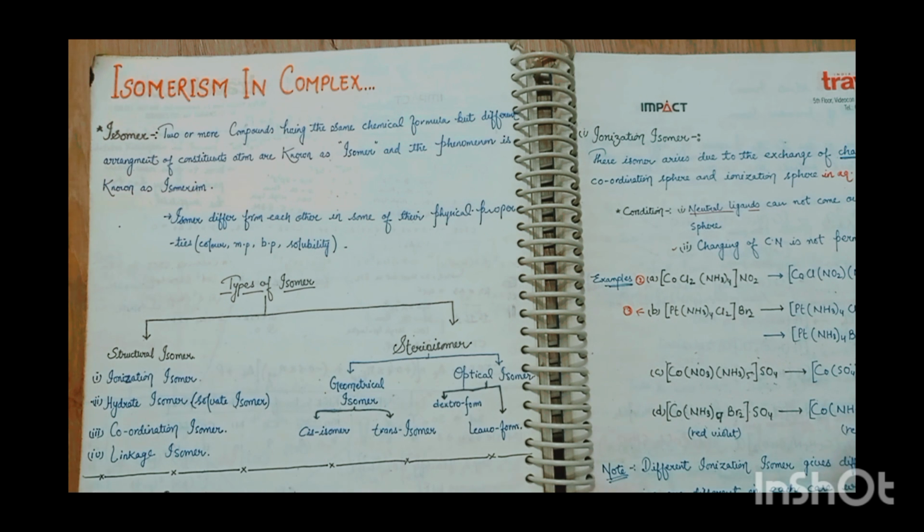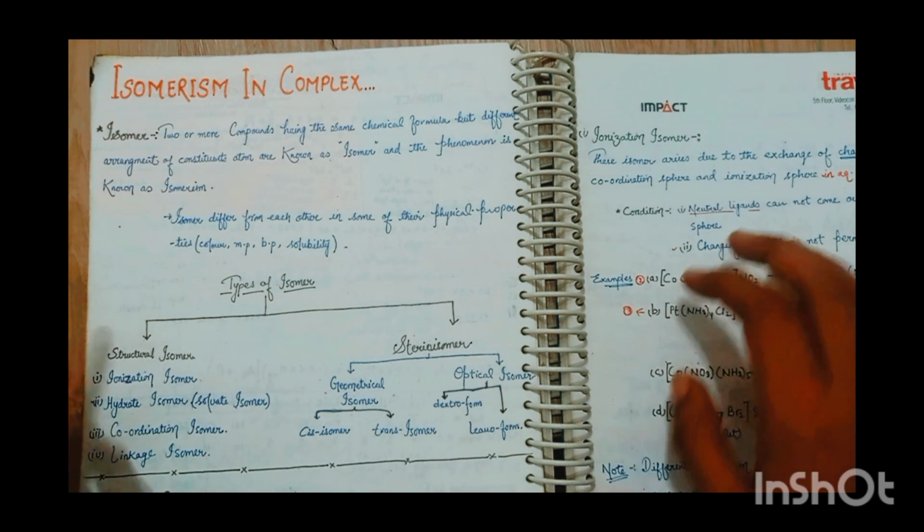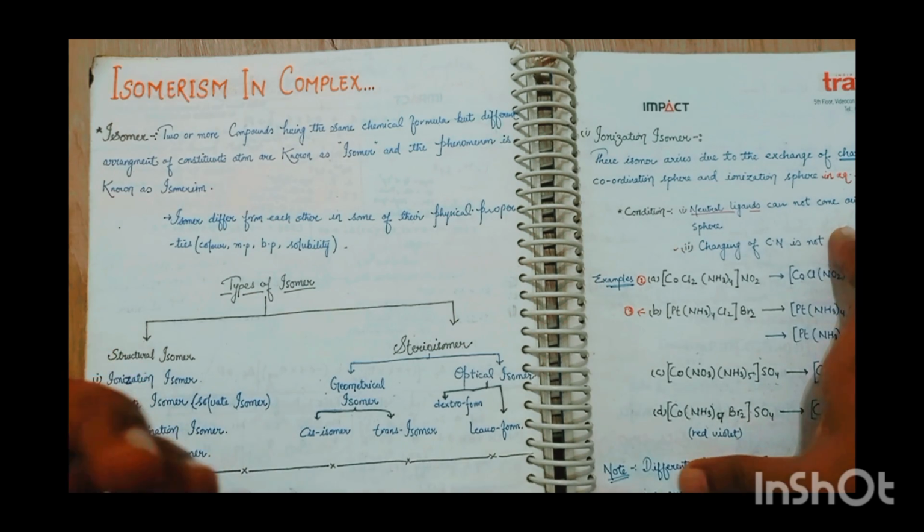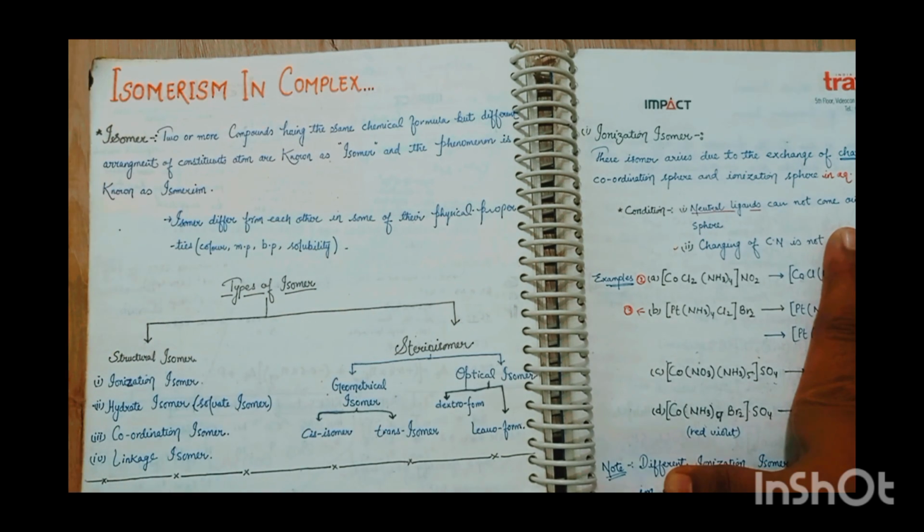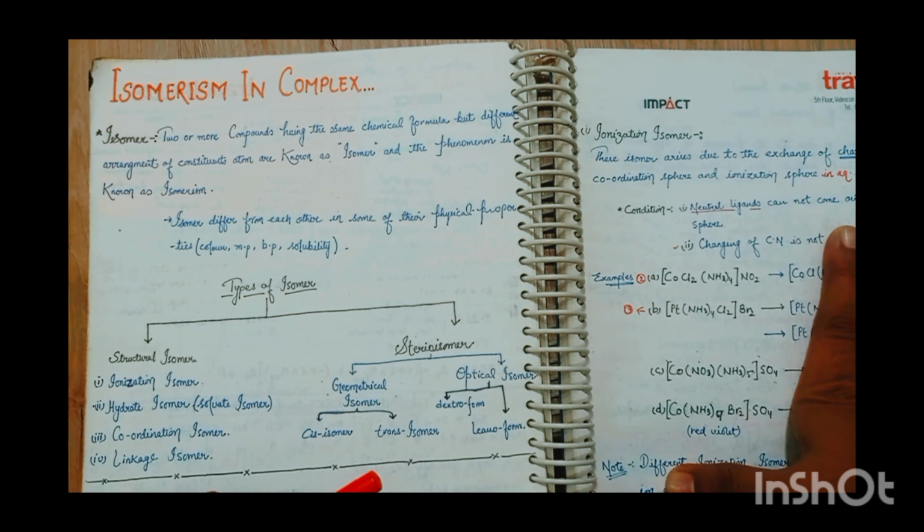I'm getting a lot of messages from students who are preparing for the NEET and JEE examinations, as well as for the board. They are facing difficulties in identifying the type of isomerism in coordination compounds. So after a lot of requests from WhatsApp and different platforms, I decided to make a short video on the topic of isomerism in complexes.